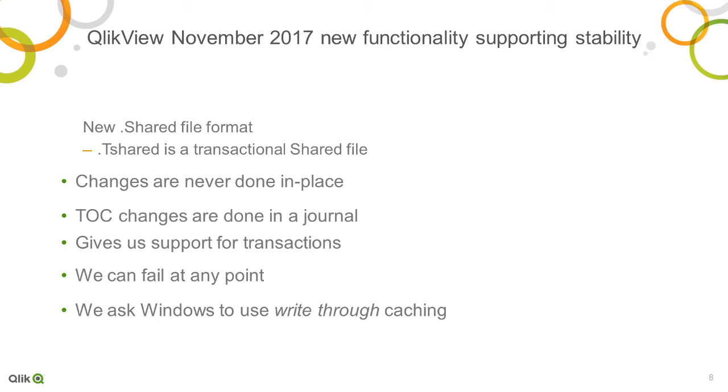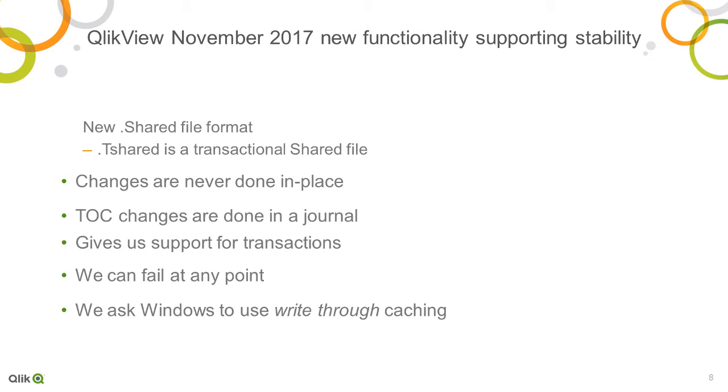And we are able to do transactional-based writing to them. This gives us the ability to fail and retry writes to the shared file as well. So we are way more resilient to any kind of disruption in your QlikView environment with this functionality.